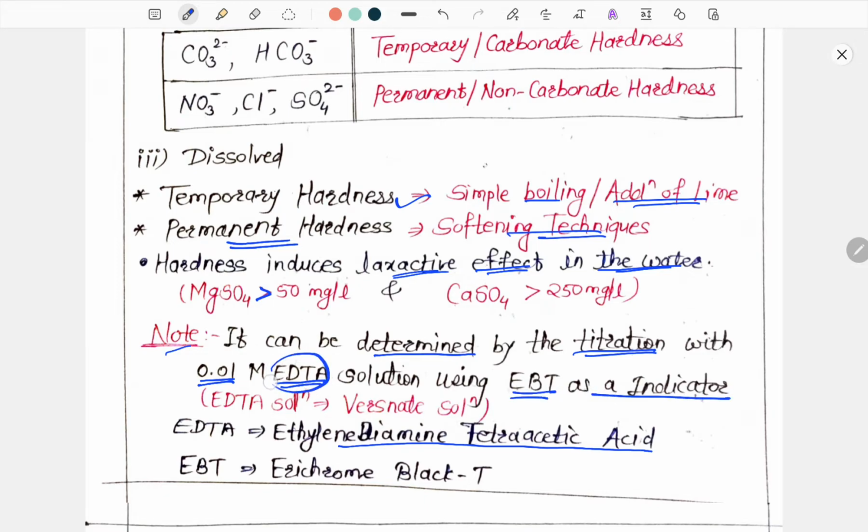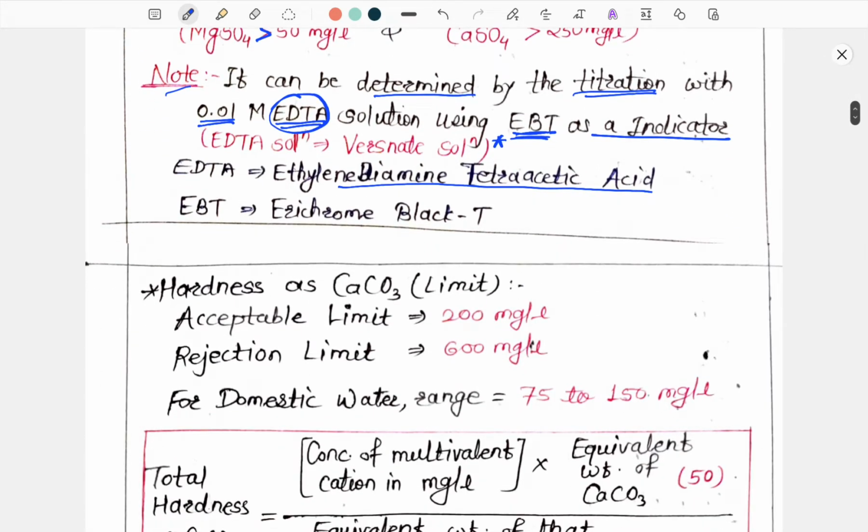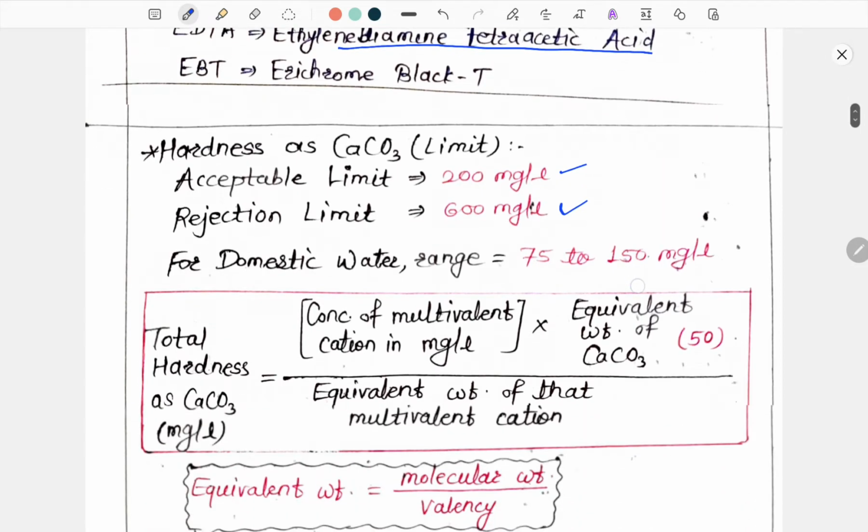This EDTA solution is also known as Wurtz net solution. Remember, this is a very important point. EBT means Eriochrome Black T. Here, the acceptable limit of CaCO3 is 200 mg per liter and the rejection limit is 600 mg per liter.